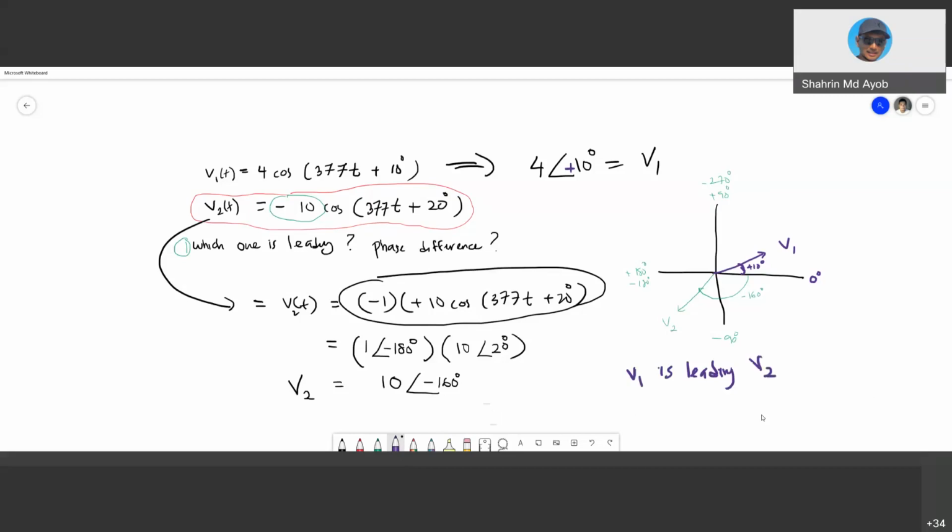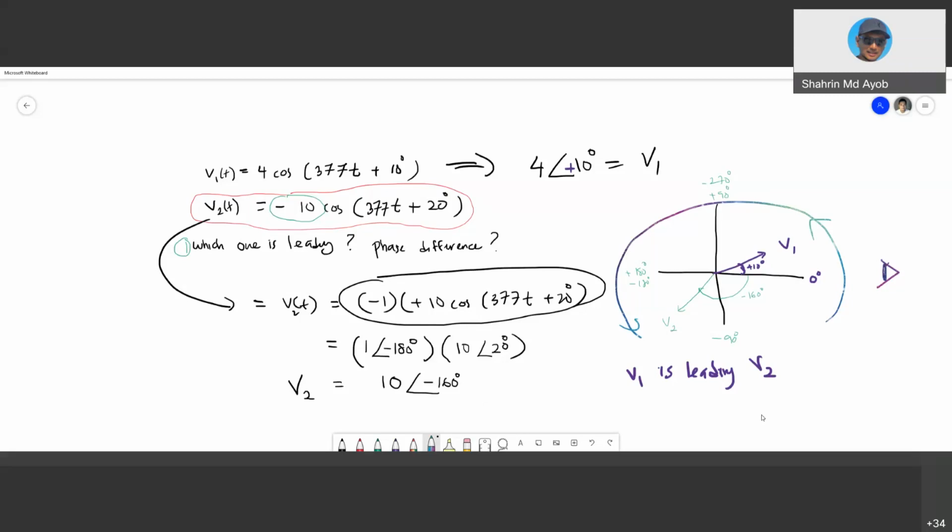Why do I say V1 is leading V2? Because if you see, the phasor is actually rotating. If you put your eyes here, it depends. I will see V2 first, and after that V1, right?